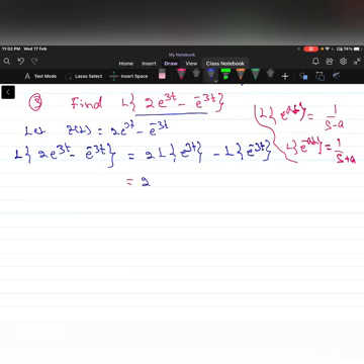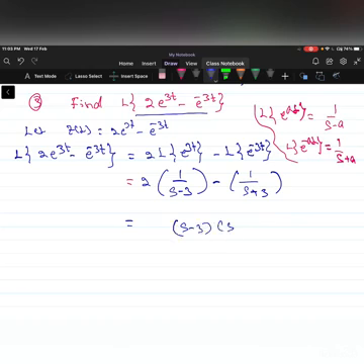So 2 into Laplace of e power 3t is here 1 by s minus 3, minus Laplace of e power minus 3t, which is 1 by s plus 3. So here s minus 3 and s plus 3, their product, s minus 3 into s plus 3, is the LCM.